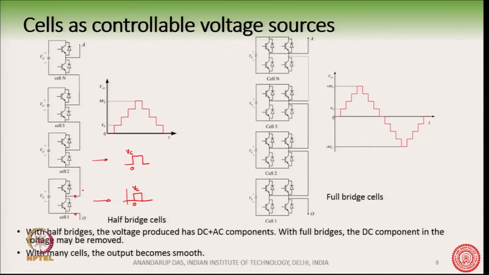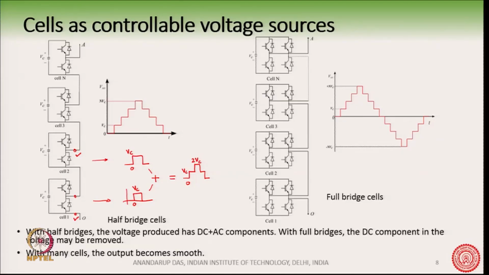Now, when we series connect them, that is when we cascade them, the two voltages get added up, and what we get is 0, Vc and 2Vc. Between these 2 points we will get a voltage which is going like 0, Vc and 2Vc.